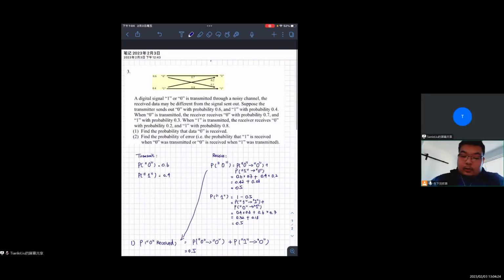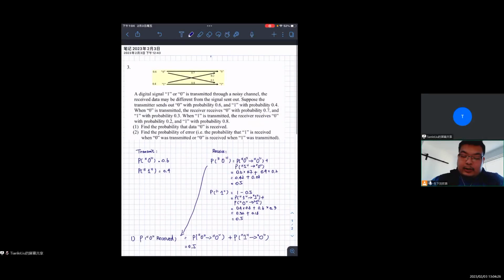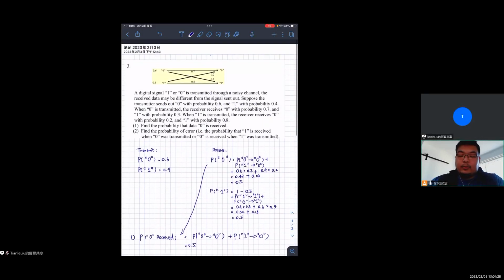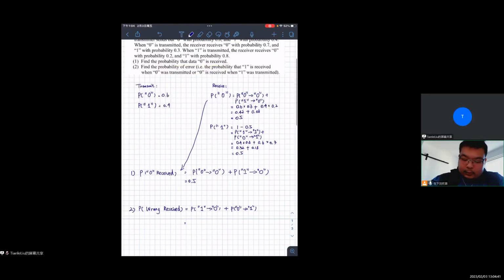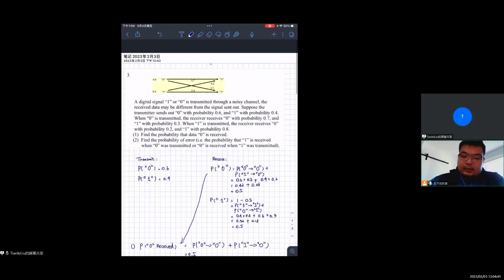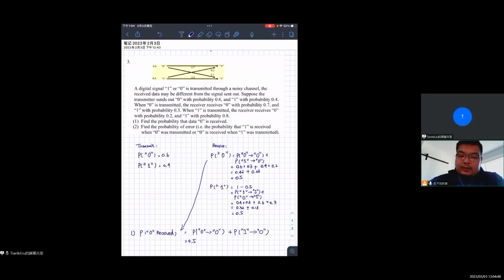From the problem we can see that the probability that 1 is transmitted is 0.4. And to get message 0 received, we have 0.2 probability.